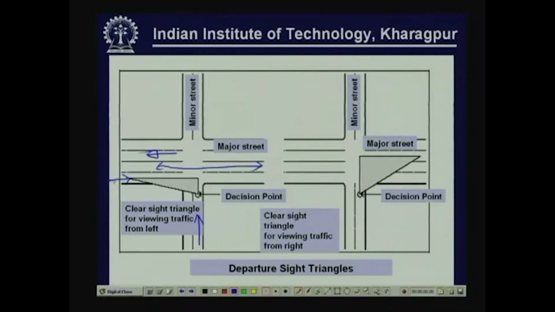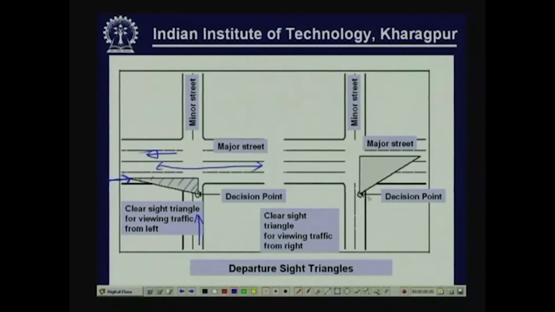There is a vehicle which may come from this end or from this side. So, the approaching vehicle should not collide with another vehicle. So, this is the shaded area which should be free from obstruction, considering a vehicle from the left.